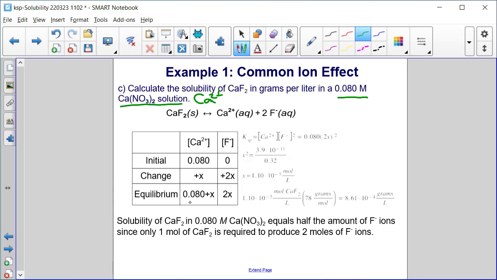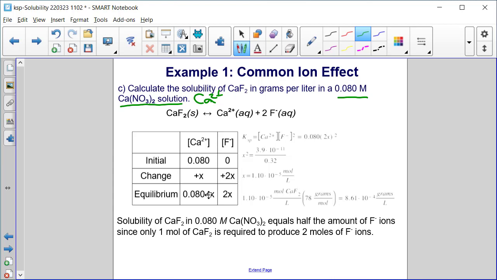that we have at equilibrium 0.080 plus X for calcium ion and 2X for fluoride ion. Now, keep in mind this value of X is going to be very, very small because we're putting the calcium fluoride in a solution containing a common cation, in this case, calcium.